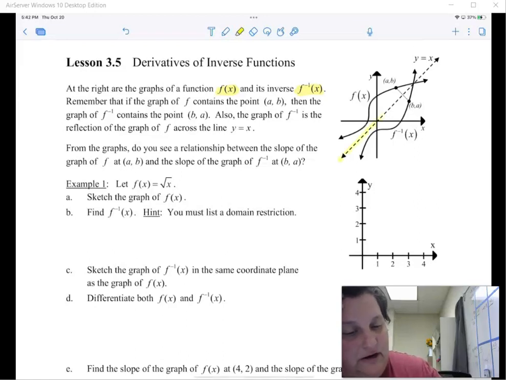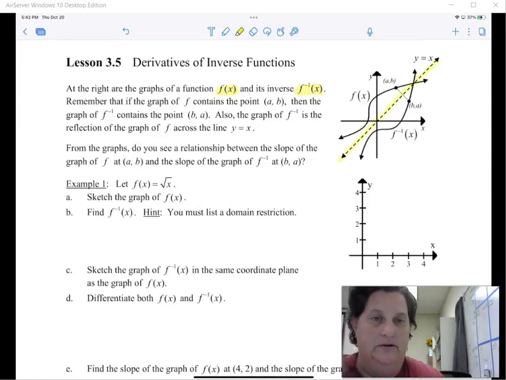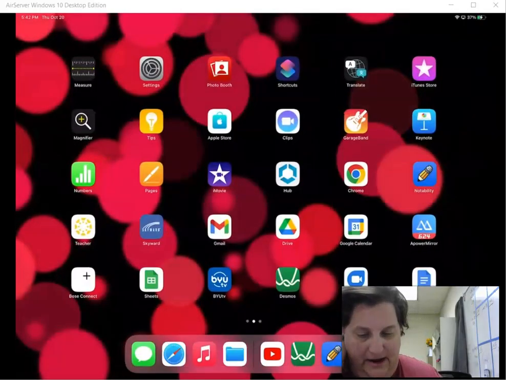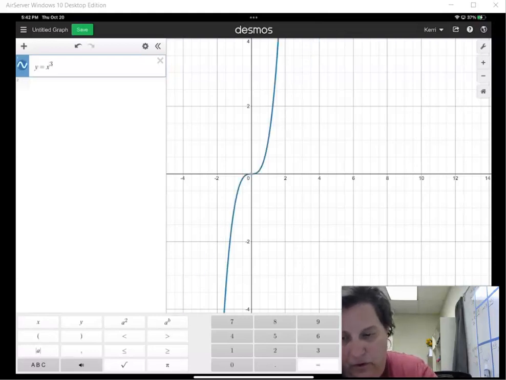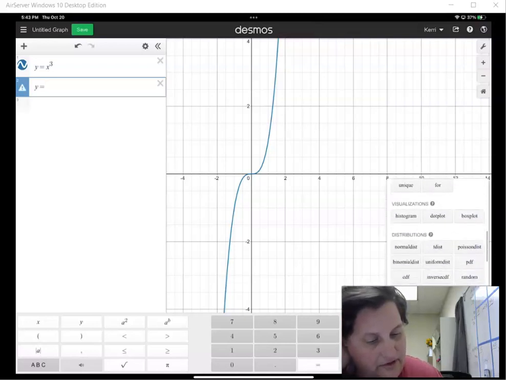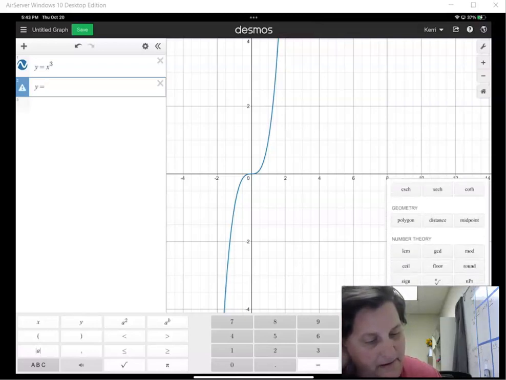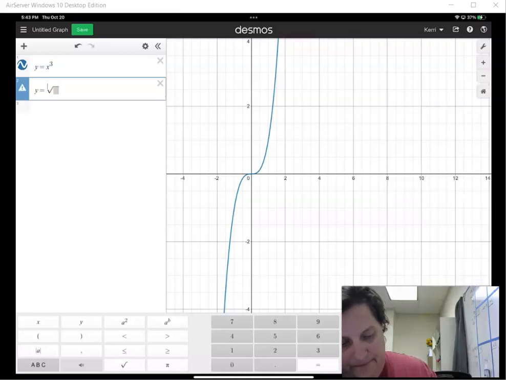Here's how inverses work. They are symmetric along this middle dotted line. So, for example, let me show you an inverse here. X to the third and cube root of x are inverses of each other. They're like opposites, right? Here we go, cube root of x.